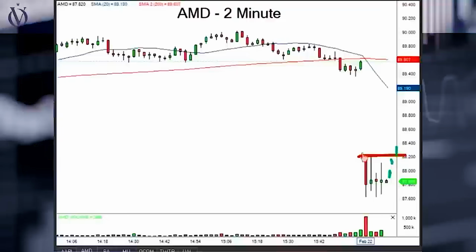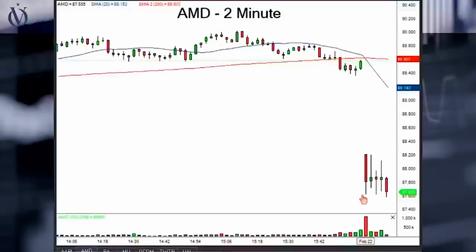If it creeps up there like this, boom, boom, boom, that's not taking it out powerfully. I mean, boom, like one solid, powerful bar, that would be a buy. But it looks like it's weakening here, and the break below the low would be a short. If you want to try that, I like it.